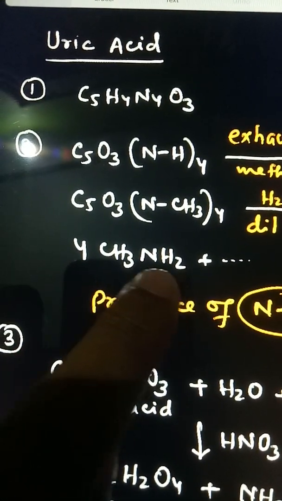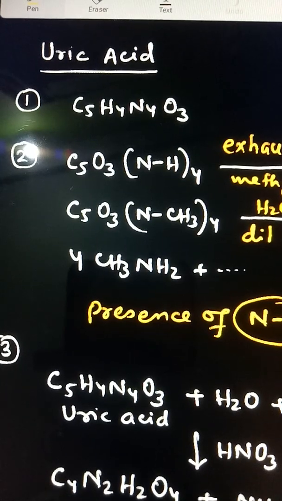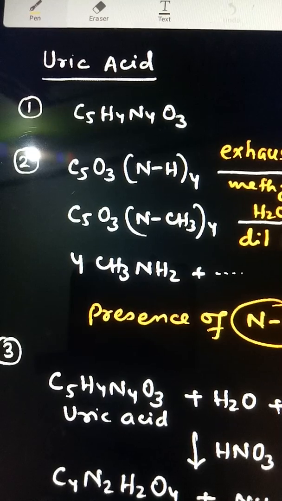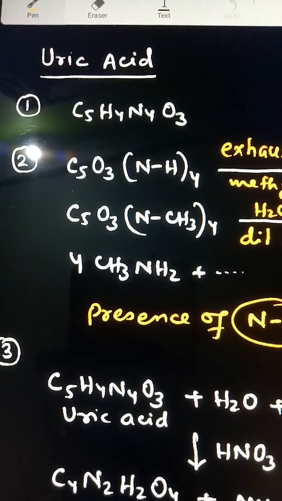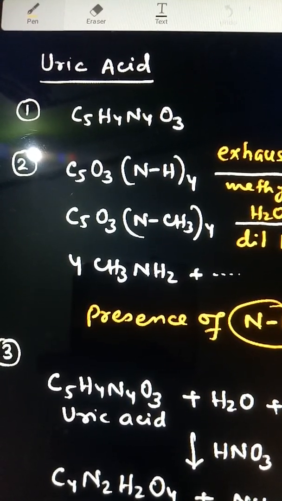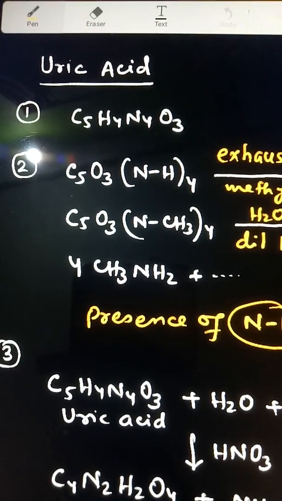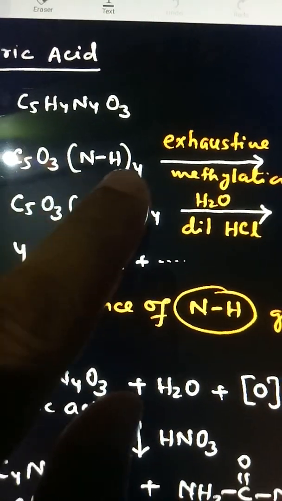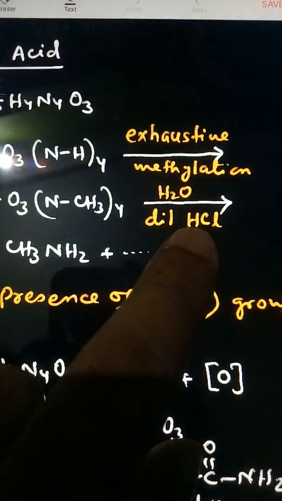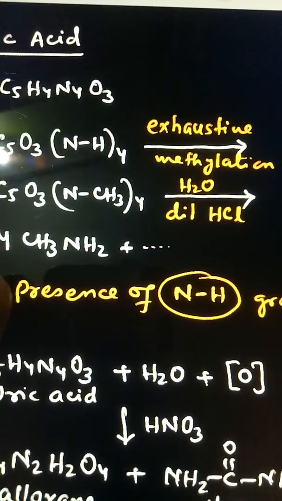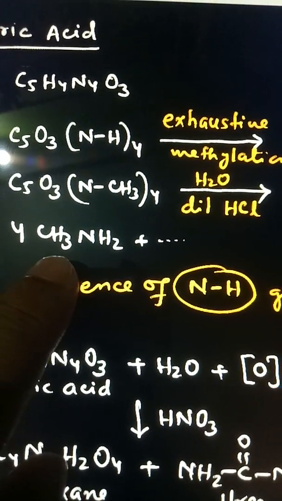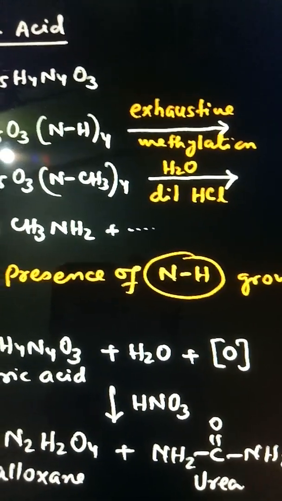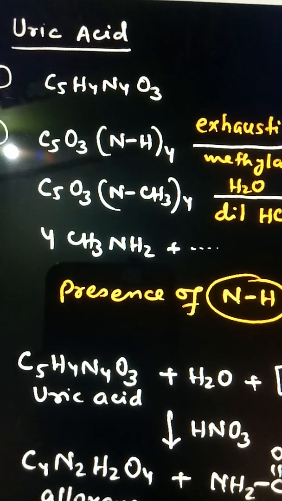It indicates that in tetramethyl uric acid, all the methyl groups are directly linked to nitrogen atoms. So these reactions, exhaustive methylation, and reaction with dilute HCl and formation of methylamine indicate presence of 4 NH groups in uric acid.